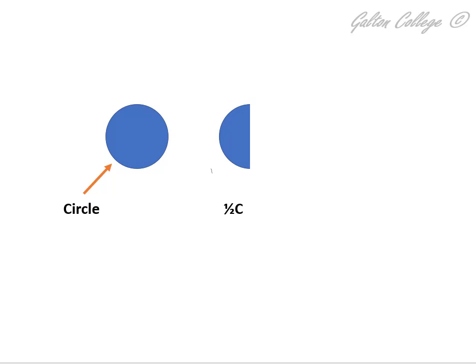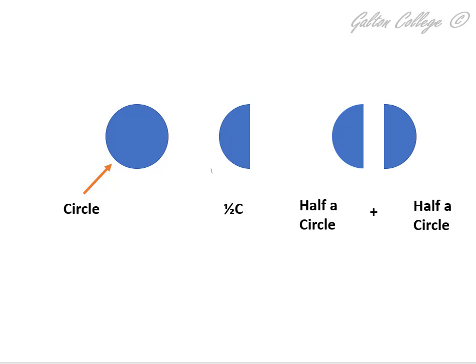I'll just put the cursor on the screen. I'm just using an ordinary computer cursor here. But there we've got our circle, and it's in a half. That's it, just half a circle. If I took the other half, I'd have half a circle plus half a circle. They're separated.